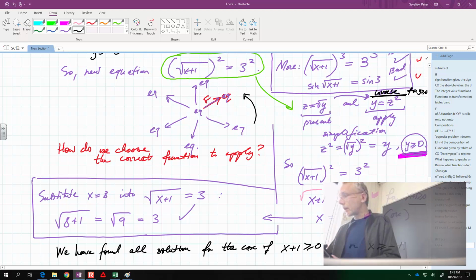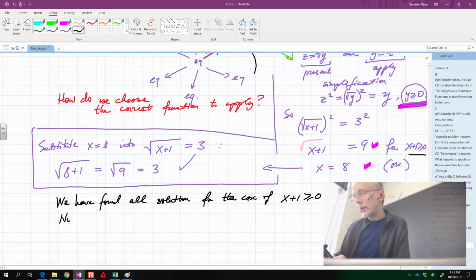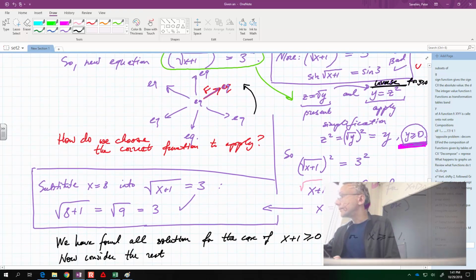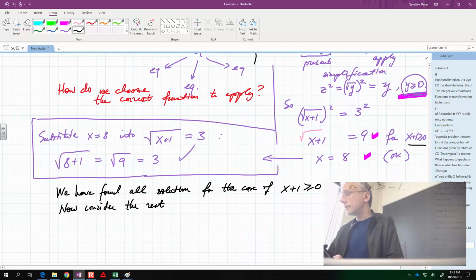Well, we're considering the other one. So now consider the rest. It is not really that different, but assume, well, that shouldn't be too long. So what if x plus 1 is less than 0?